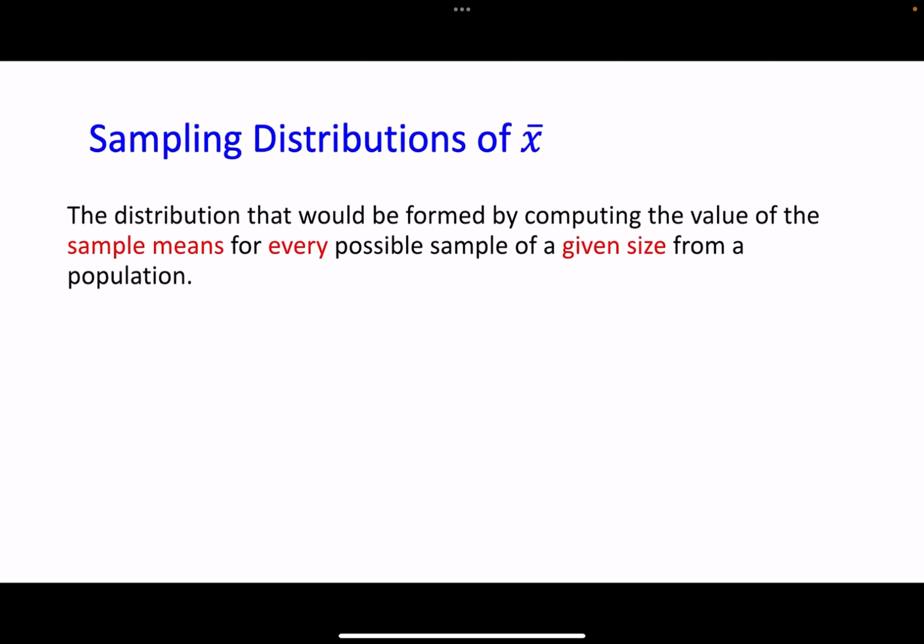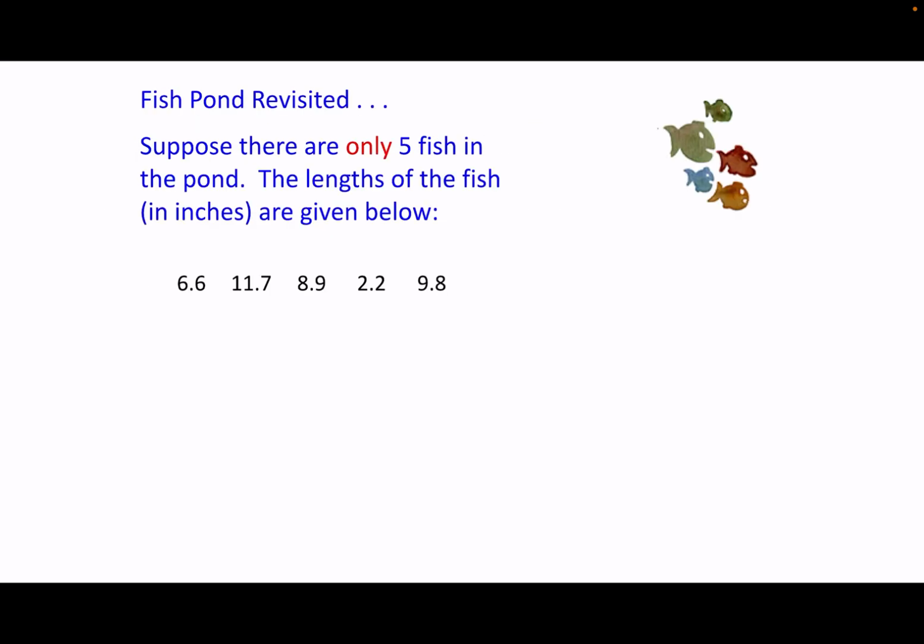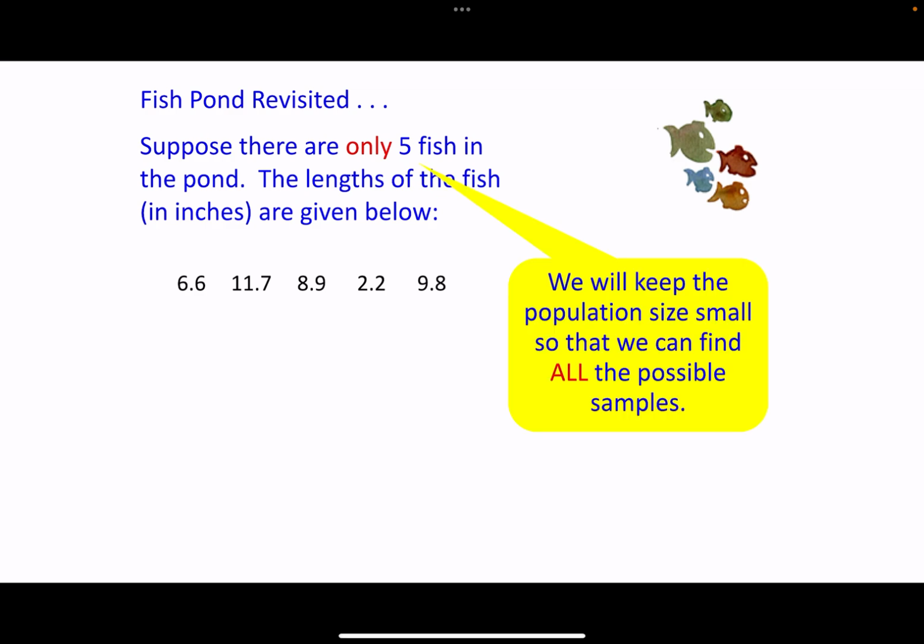Okay, so the sampling distribution would be formed by computing the value of the sample means for every possible sample from a given population. So here, let's just do 5 given below, and we're going to keep the population size small so we can find all possible samples.